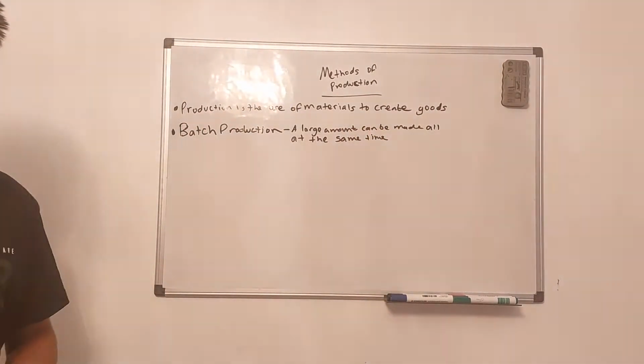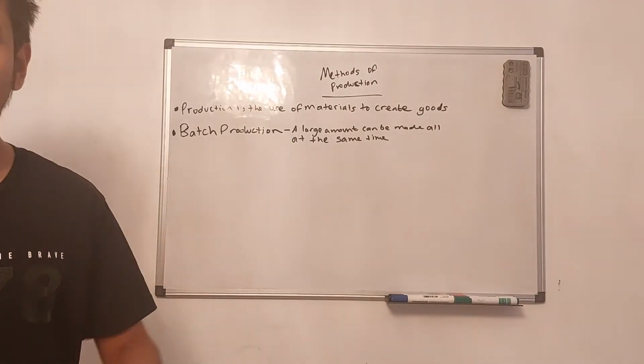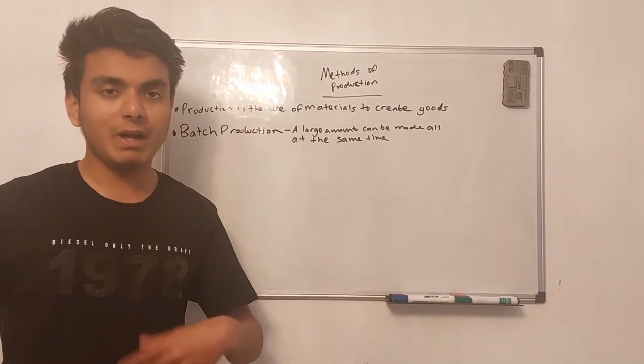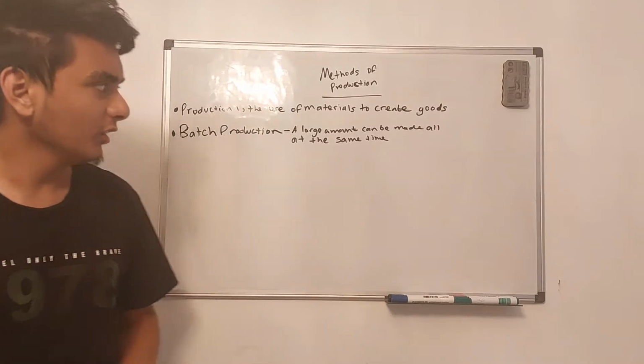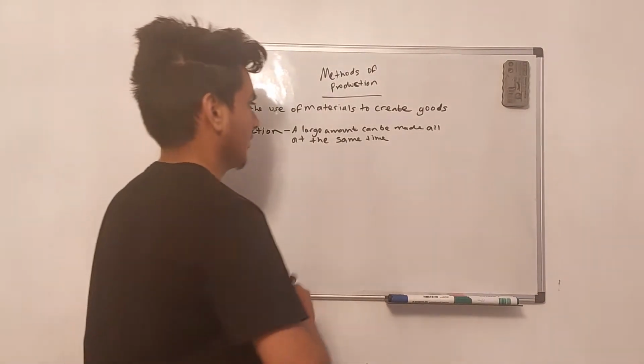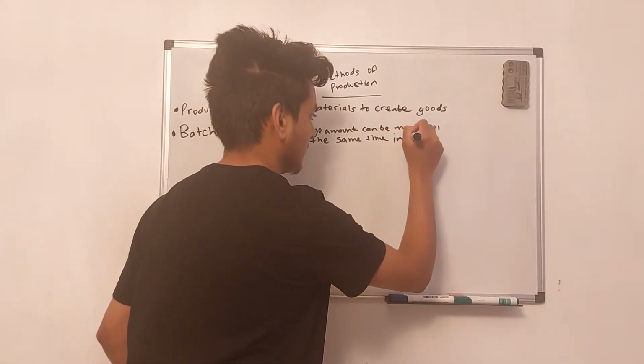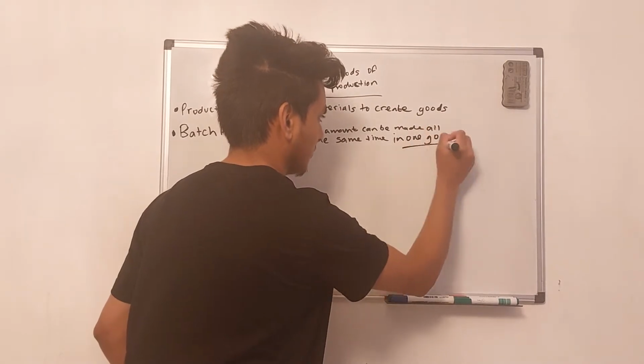So a batch, right? When you have a batch, you're producing a large amount in one go. That's the key word: in one go.